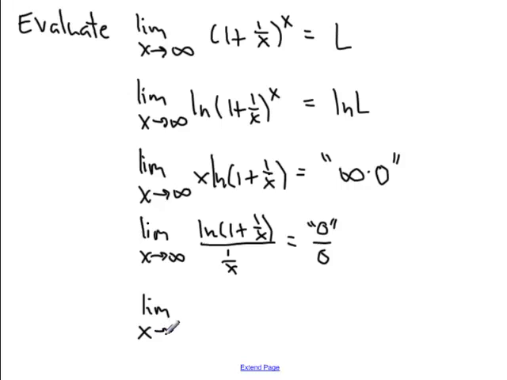Doing so, we get the limit as x goes to infinity of the derivative of the natural log of 1 + 1/x. Well, that's going to give us 1 over (1 + 1/x). And then we'll have to multiply by the derivative of 1/x, according to the chain rule, which is negative 1 over x squared.